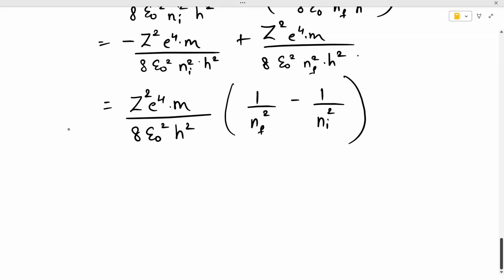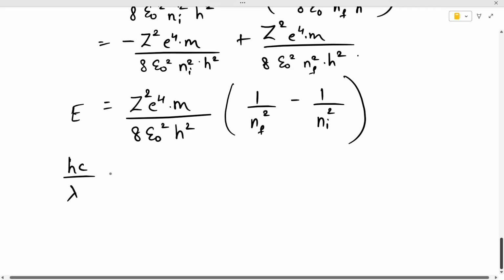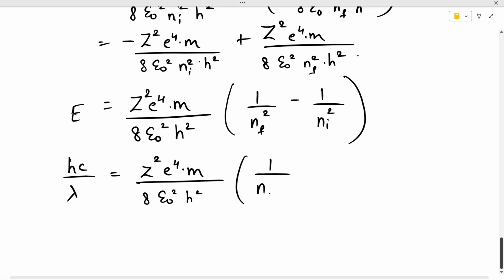Energy is related to wavelength. So here we can substitute: hc by lambda will be equal to Z square e raised to 4 times m upon 8 epsilon naught square h square into 1 upon n f square minus 1 upon n i square.